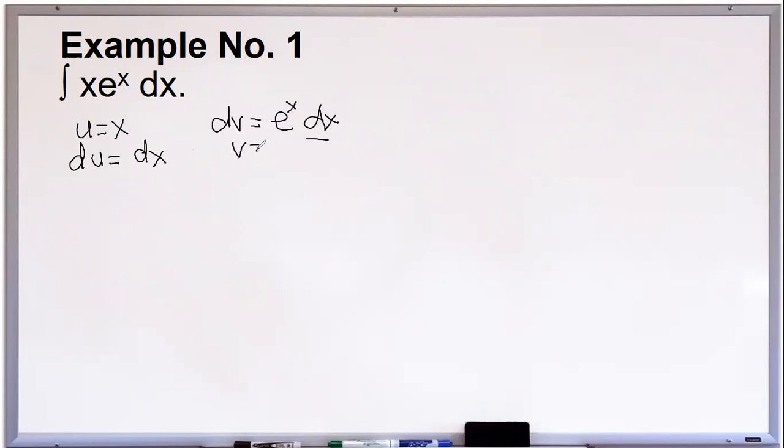Then v which is equal to, so itong dv na to, integrate lang natin both sides ng equation. So ano ang integral of e raised to x natin dx? Di ba e raised to x lang din plus c, which means e raised to x.